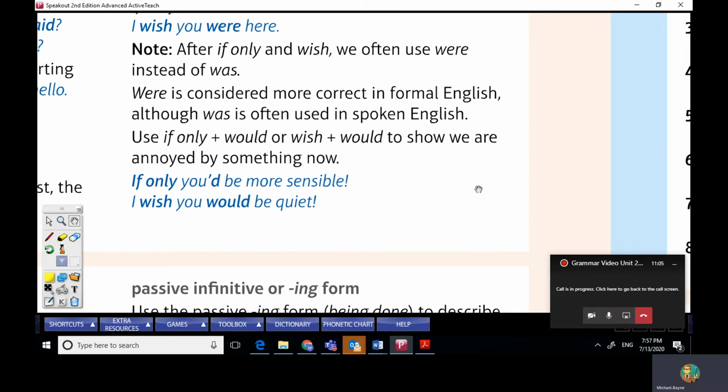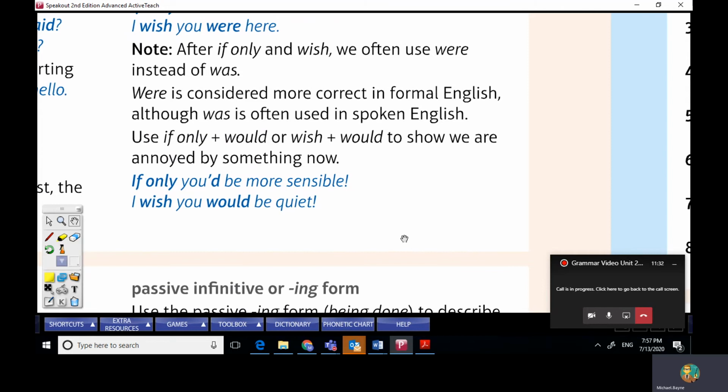And then last one, for some reason, Pearson really wants to teach you in the advanced course how to express when you're annoyed by something. We learn how to do that with the continuous, and we learn how to do that with present habits. And now you're going to learn how to do it with the hypothetical conditional. So you can use if only plus would or wish plus would to show we are annoyed by something now.